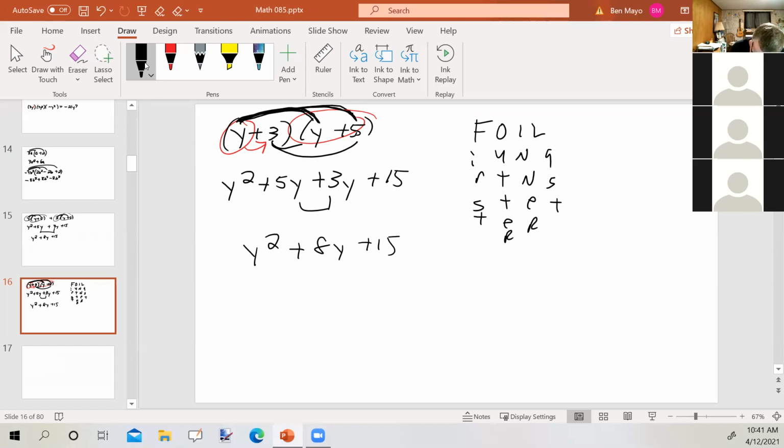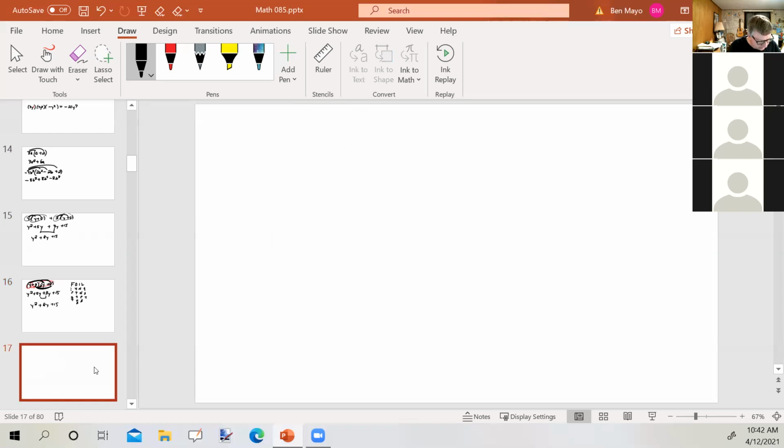Then we did the inner ones, the 3 times the y, and then the last ones, 3 times 5 is 15. So they call this FOIL. It's multiplying polynomials together, but specifically for this case, FOIL. All right, let's take a look at another example.